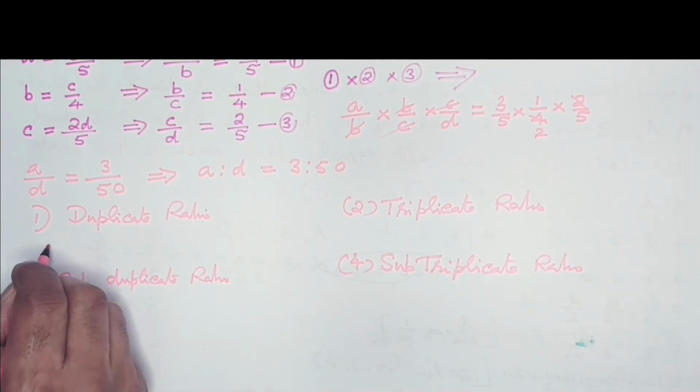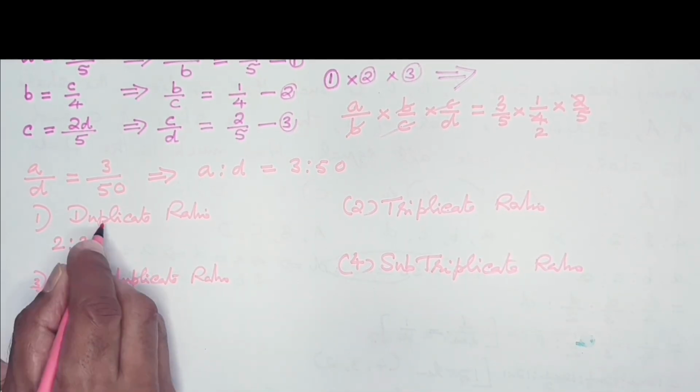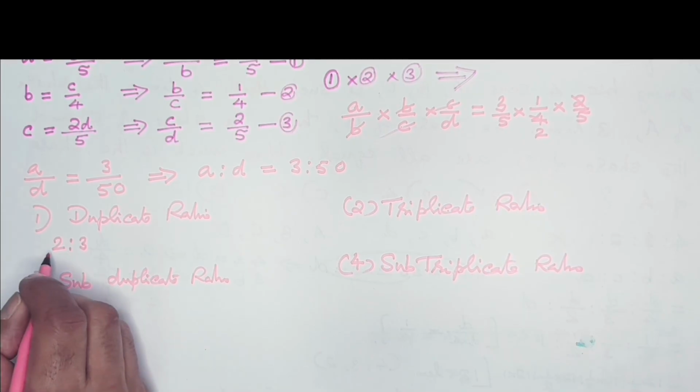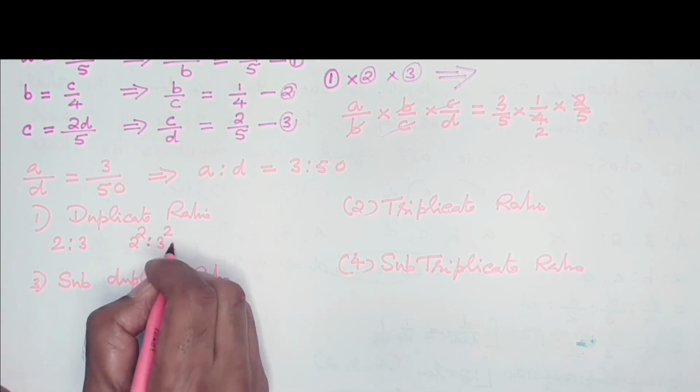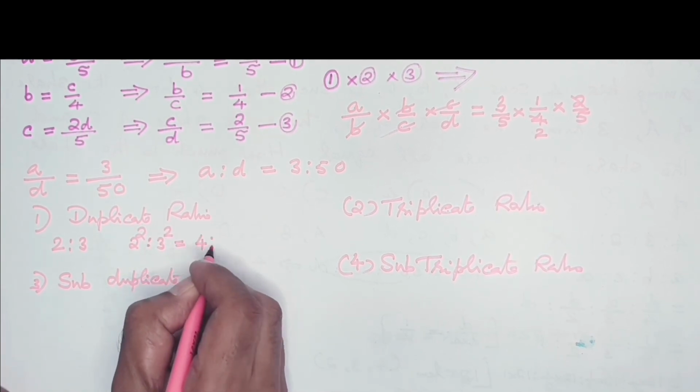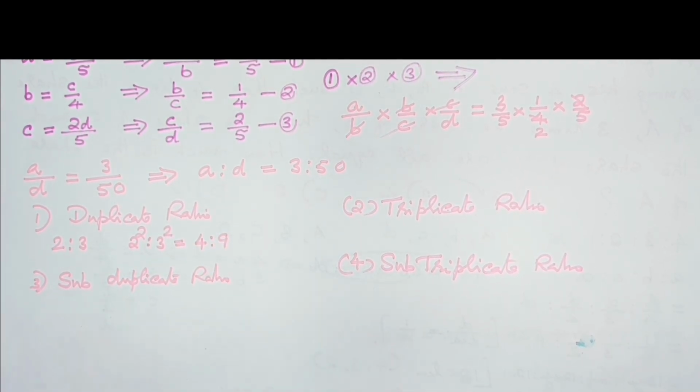If you take a ratio like 2 is to 3, duplicate ratio means you just square each of the terms. That will be 2 square, 3 square, which is same as 4 is to 9. That's all. Given a ratio, to find its duplicate ratio, just square both the terms in the ratio.